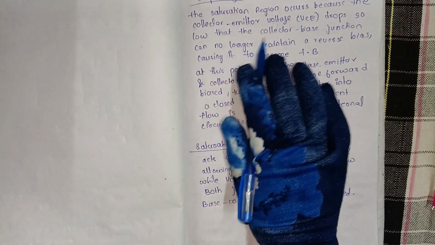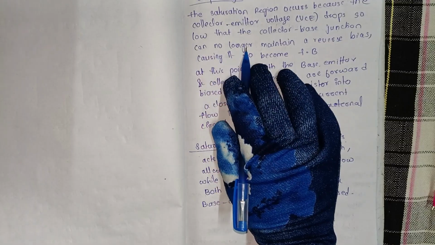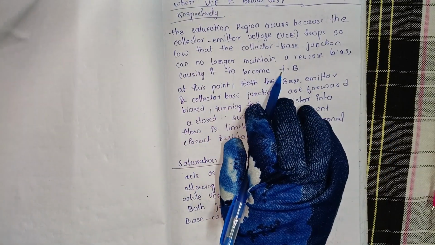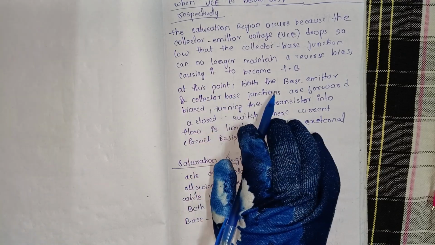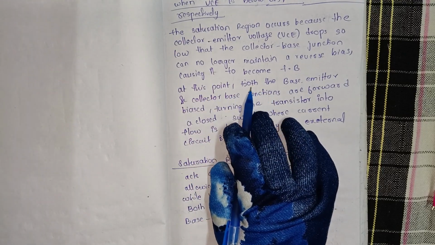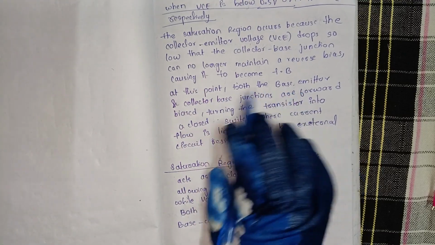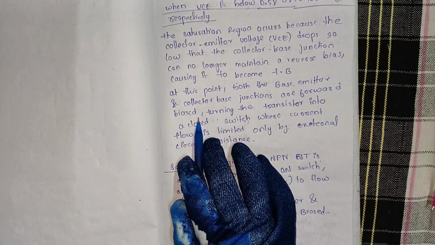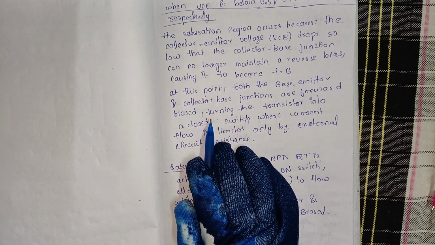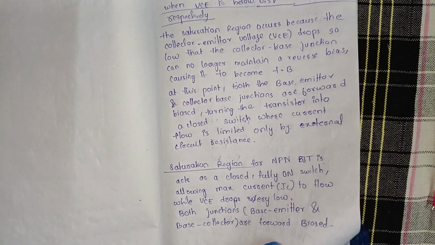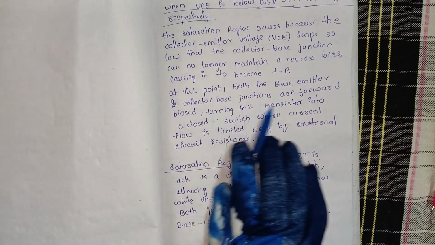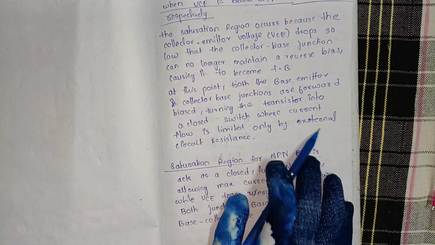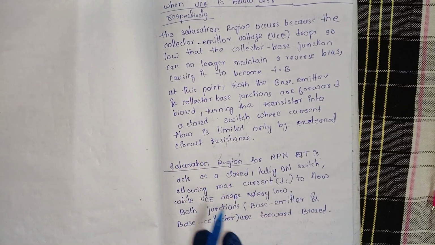Here it's saying the collector-base junction can no longer maintain a reverse bias, causing it to become forward biased. This means that at this point both the base-emitter and collector-base junctions are forward biased, turning the transistor into a closed switch where current flow is limited only by external circuit resistance.